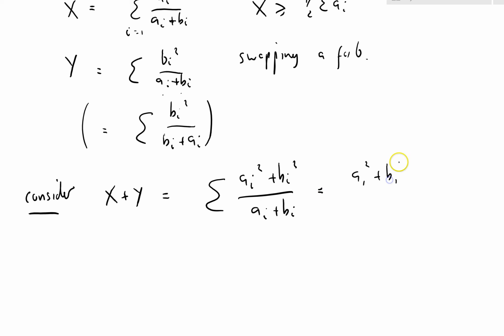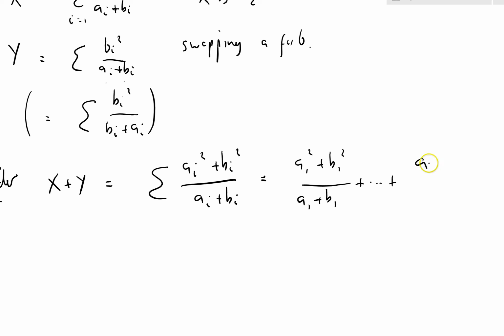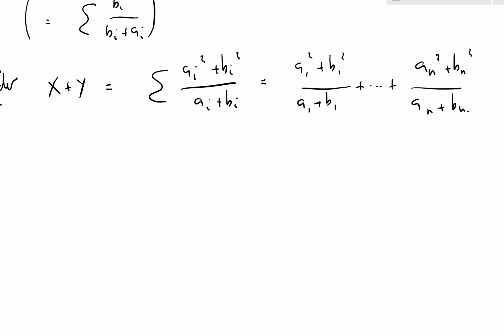A1 squared plus B1 squared over A1 plus B1 plus dot dot dot plus An squared plus Bn squared over An plus Bn. Now we'll be looking at the arithmetic mean, quadratic mean inequality, and one of the things that it shows is that x squared plus y squared is greater than or equal to a half x plus y all squared.